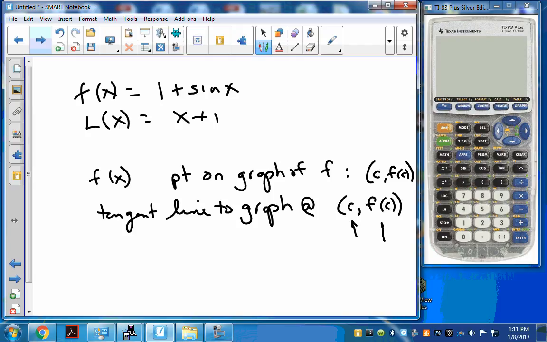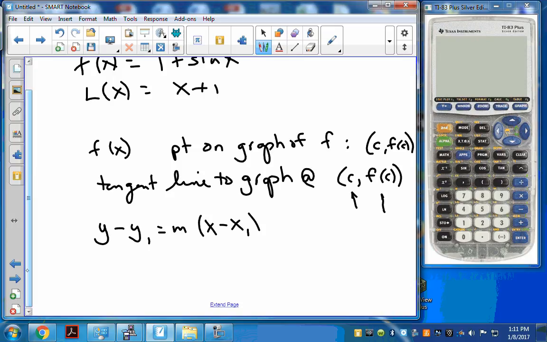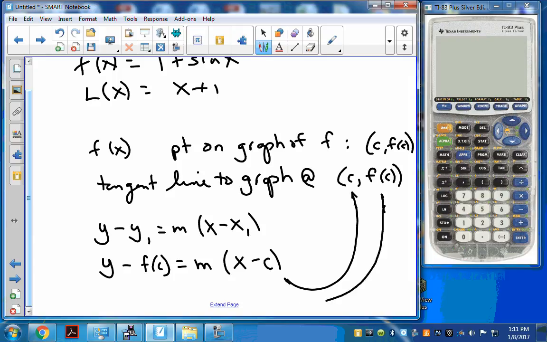Let's go and write down the equation of the tangent line: y minus y1 equals m times x minus x1. Think how we did it in a particular case. We put in the y value, that would have been f of c. We put in the x value, and that would have been c. So c goes there, and f of c goes there.